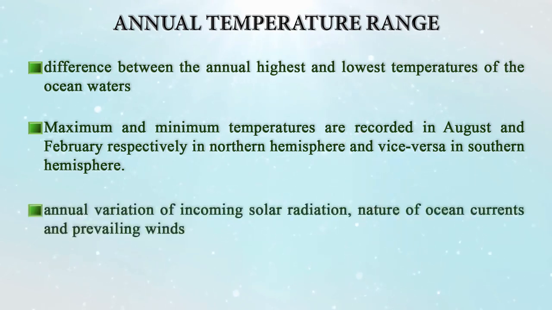Annual variation of incoming solar radiation also affects the annual temperature range of the oceans.